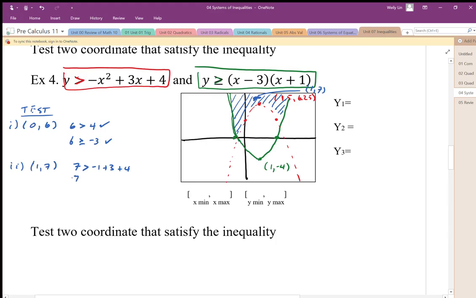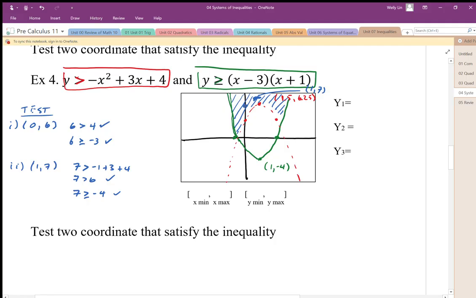Looks like 7 is greater than 6. That works. Plug it into the second equation. 7 is greater than or equal to. If I plug 1 in here, I get 2 times 2, so negative 4. That's where the vertex was. Yeah, that's definitely above.